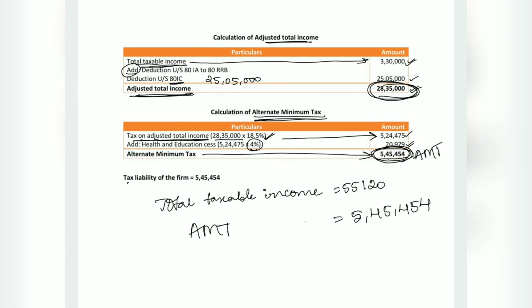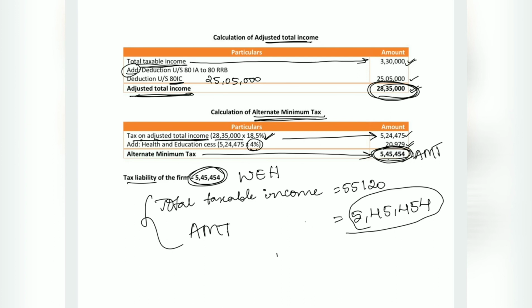Now the tax liability will be the higher value among these two. Which is higher? 5,45,454. So this value will be considered. You can also show the value after rounding off to the nearest 10 under section 288B, that is 5,45,450 rupees.